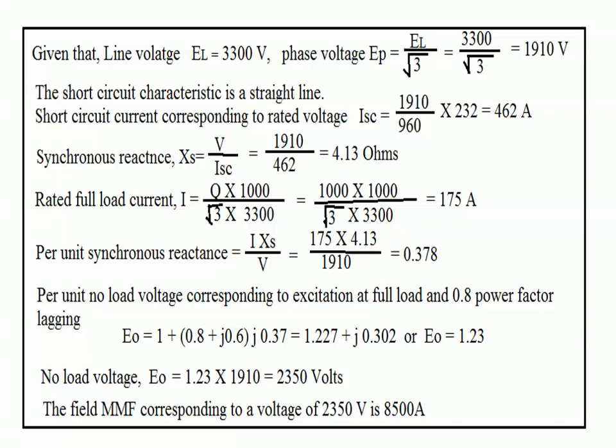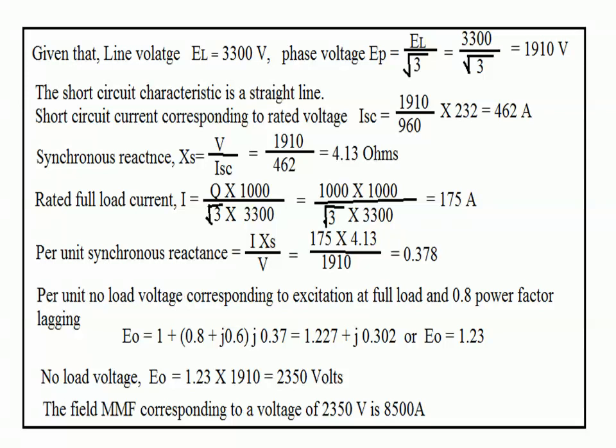Per unit synchronous reactance, I into Xs divided by EP, you are going to get around 0.378. Per unit no load voltage corresponding to excitation at full load and 0.8 power factor: E naught equals 1 plus 0.8 plus j 0.37, approximately E naught equals 1.23.